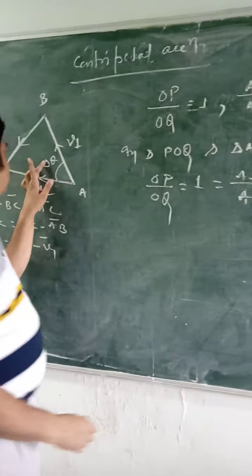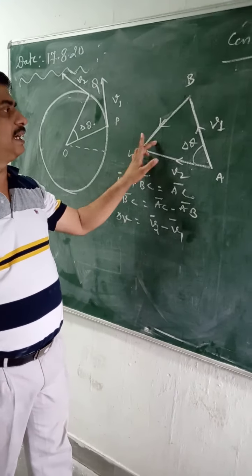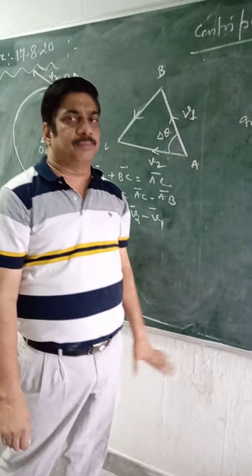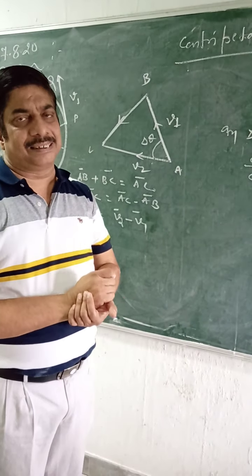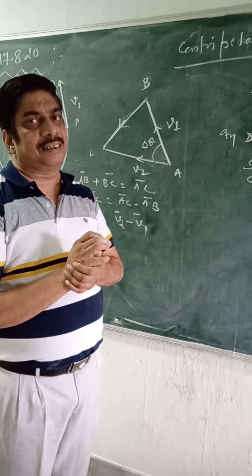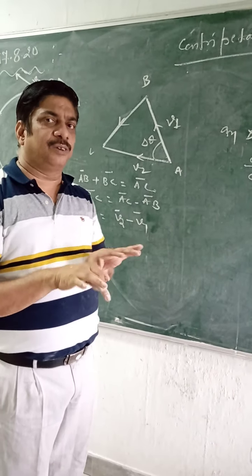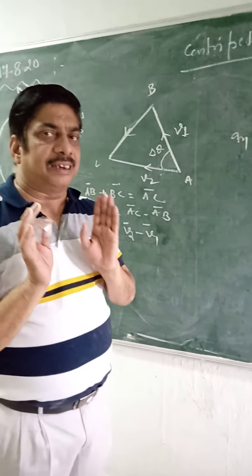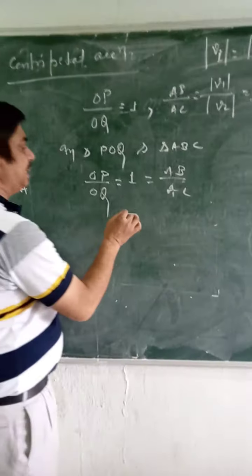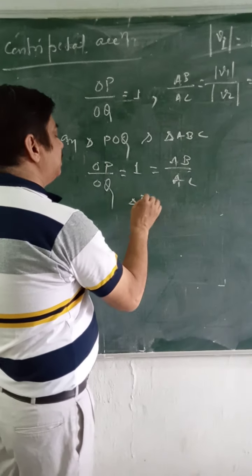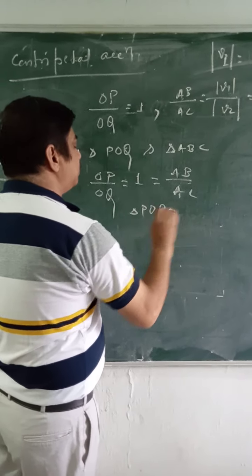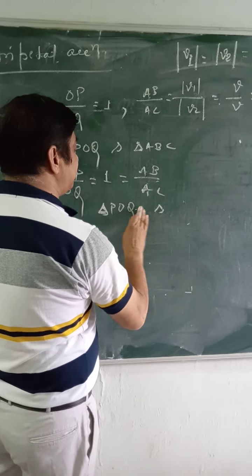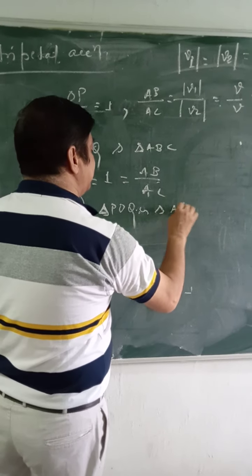In these two triangles, the ratios of corresponding sides are equal. You might have read one theorem in class 10th: in two triangles, if the ratios of corresponding sides are equal, then the two triangles are similar. On the basis of that theorem, we can say that triangle POQ is similar to triangle ABC.